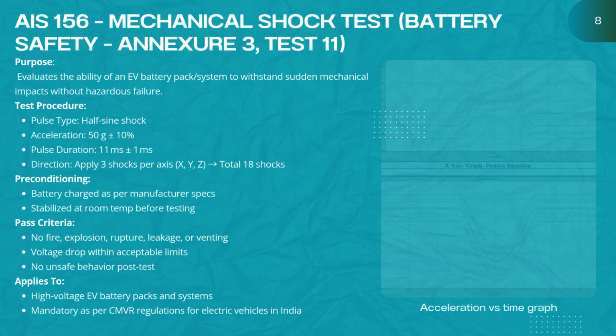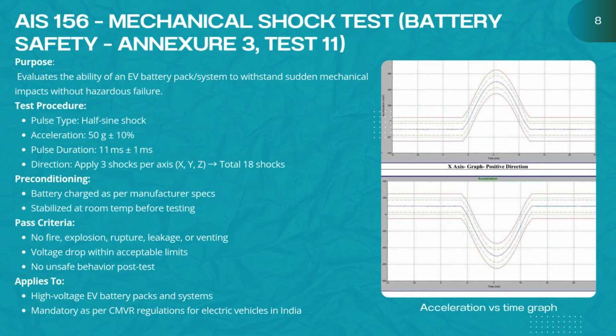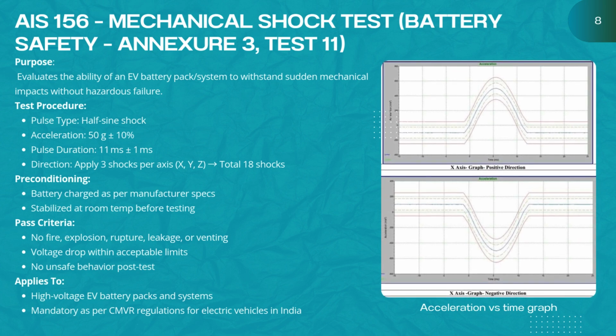AIS 156 Mechanical Shock Test, Battery Safety. This test is specifically designed for EV battery packs and systems to ensure they can withstand sudden mechanical impacts without causing hazardous failures.